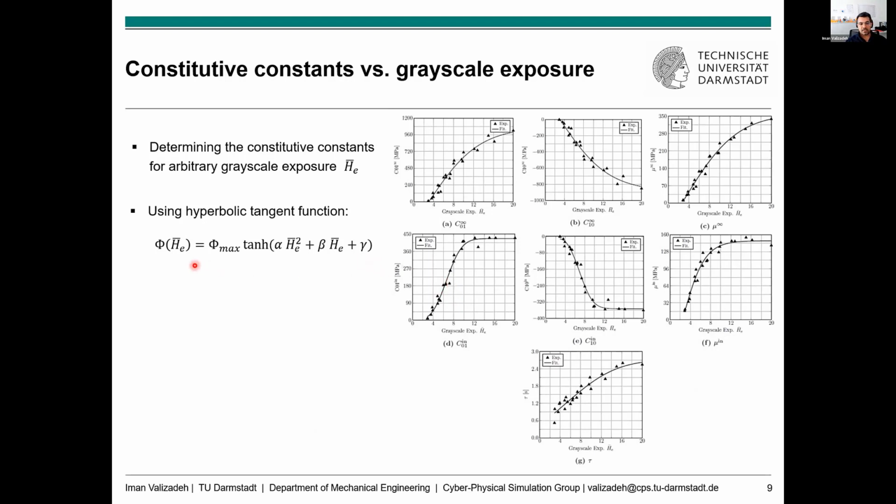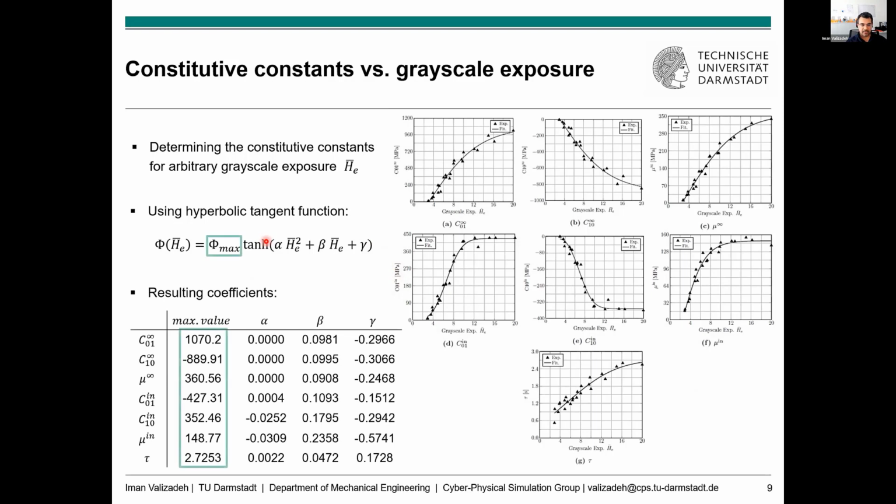And then we fit this hyperbolic tangent function to them to determine the constants of this function. We see that the maximum value in this function coincides with the maximum value of the curves. And we have some coefficients to establish our hyperbolic tangent function.